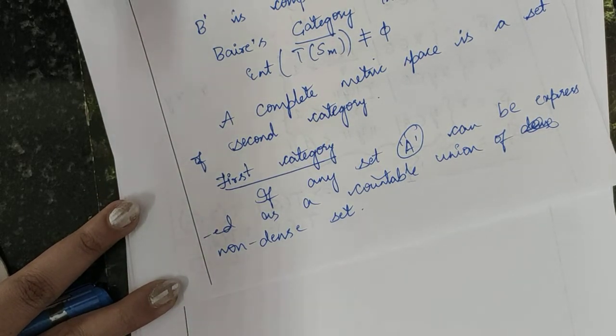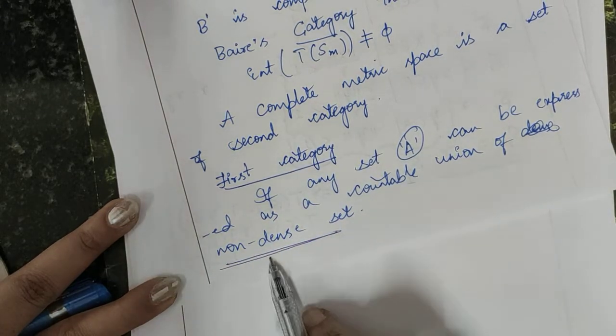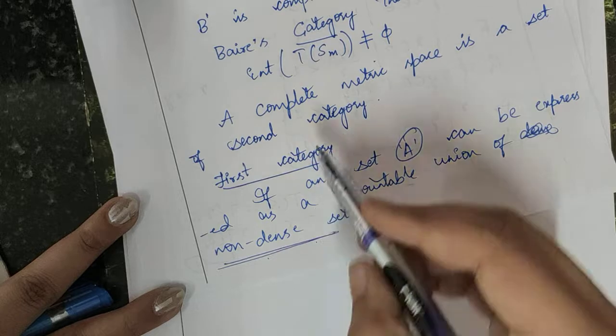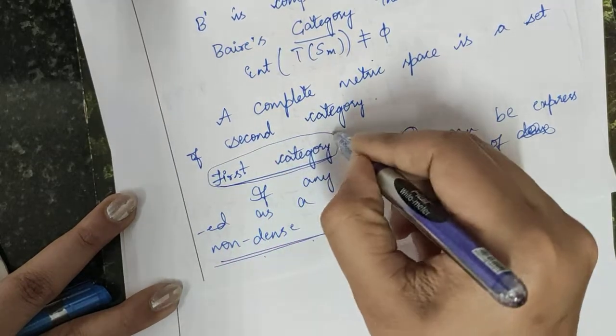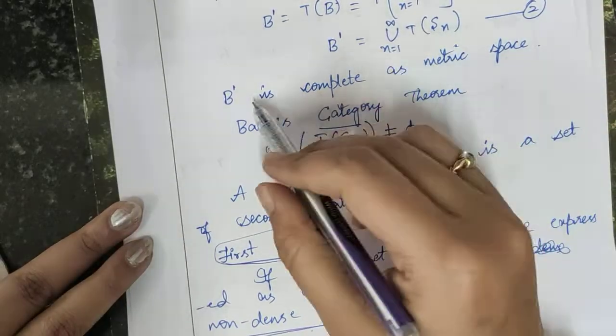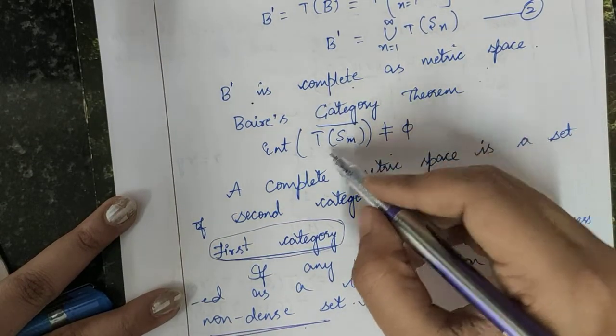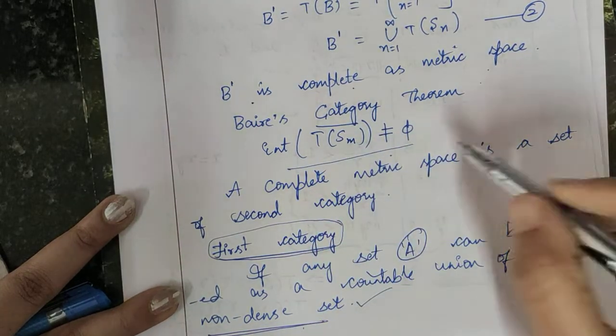Okay. So now what is non-dense set? Here we have one more word, that is non-dense set. In order to understand the definition of first category, I should know what is non-dense set. First, what we have done, since B prime is complete as a metric space, using Baire's category theory, I can write this form. Why?